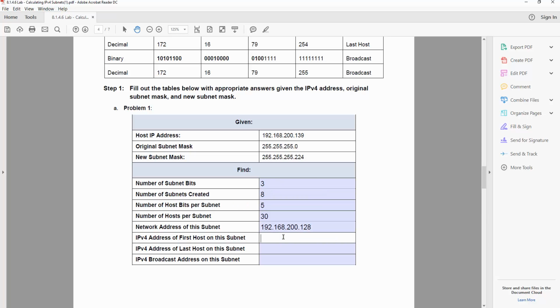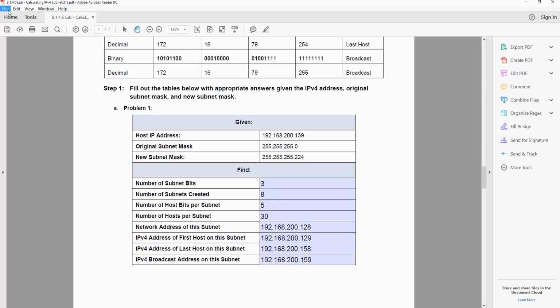What's the first address? 192.168.200.129. Easy. Then we're going to jump ahead 30 minus 1, because we have 30 hosts on here. So that's the last one, 192.168.200.158. So what does that leave as our broadcast? 159, you got it. 192.168.200.159. There you go. That's problem 1.